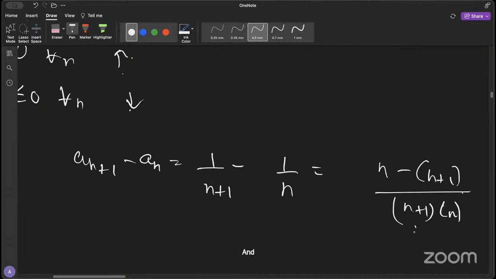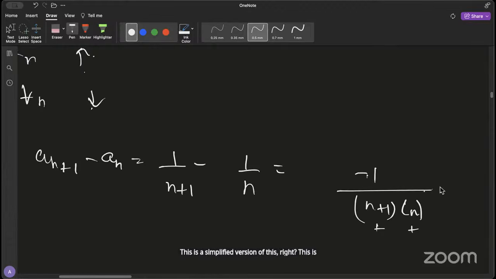Now we know that n plus 1 is positive, n is also positive. And what about this one? This expression is minus 1, right? If we simplify it, we'll get minus 1 here. I can simply write minus 1 in the numerator. This is the simplified version of this, right?